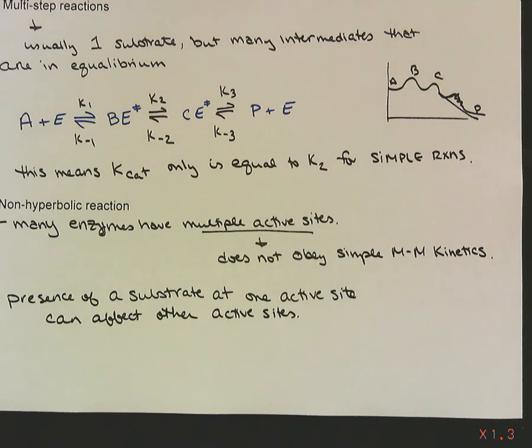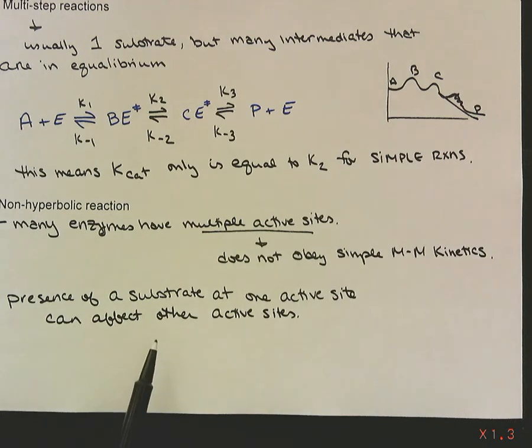So what protein, I wouldn't necessarily call it an enzyme, have we seen where the presence of a substrate at one site affects the other three sites? Hemoglobin would be an example. It's not exactly an enzyme, but when one oxygen binds, it forcibly changes the structure of the whole protein to then be ready to accept other oxygens.